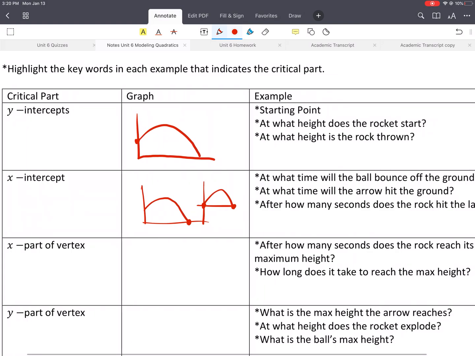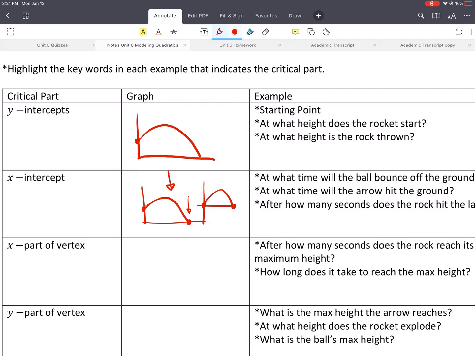You could have ones like, at what time does the ball bounce on the ground? So if you threw the ball from here and it landed on the ground here, then that would be an x-intercept. Or at what time will the arrow hit the ground? Same sort of thing. It would look more like this, because we shoot arrows not from the ground, we're standing up.